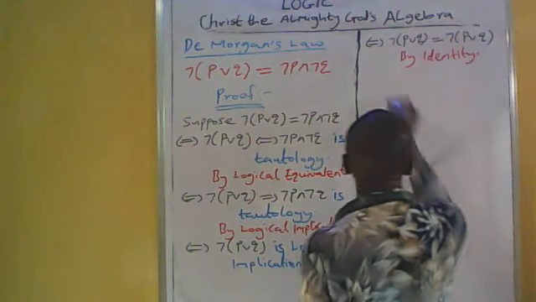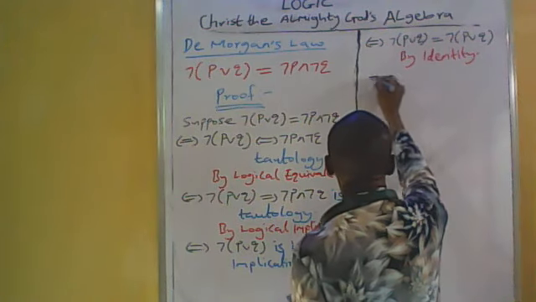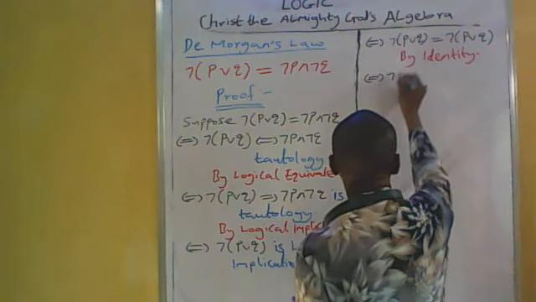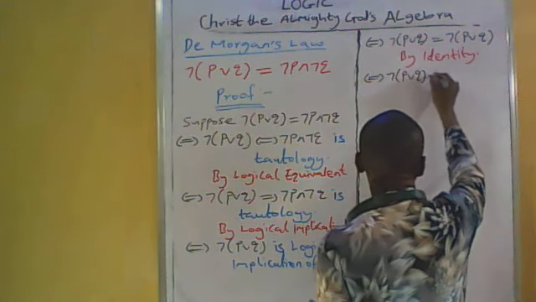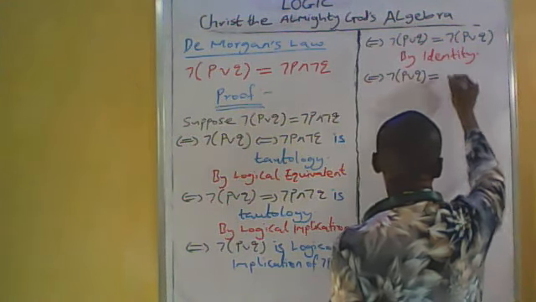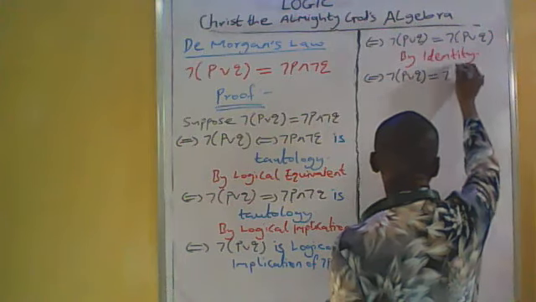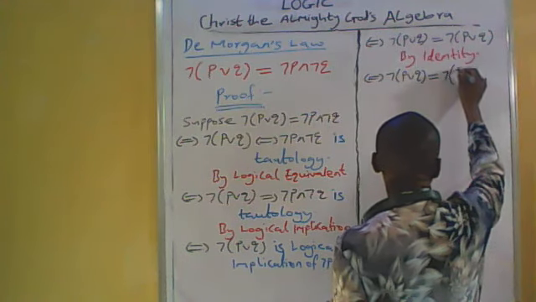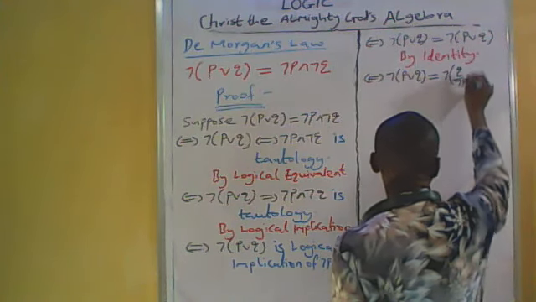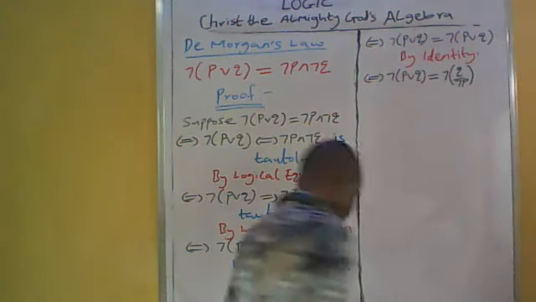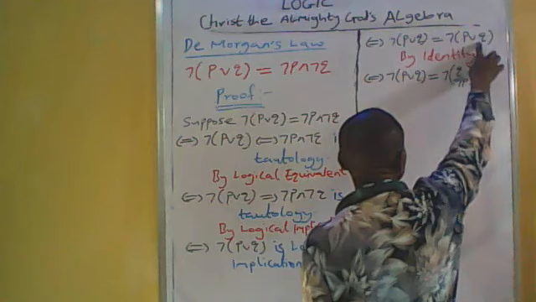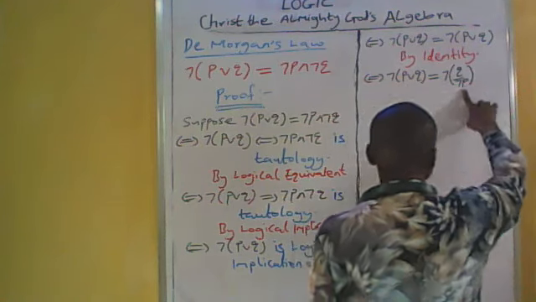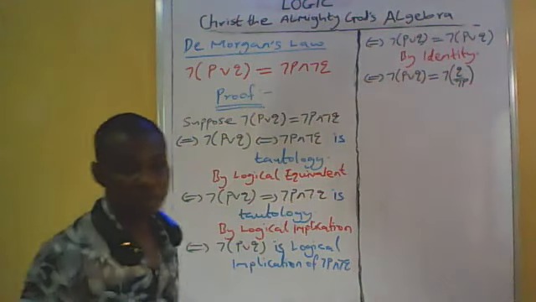So if and only if not (P or Q) is equal to not Q upon not P. We have now transformed this P or Q to a conditional statement.